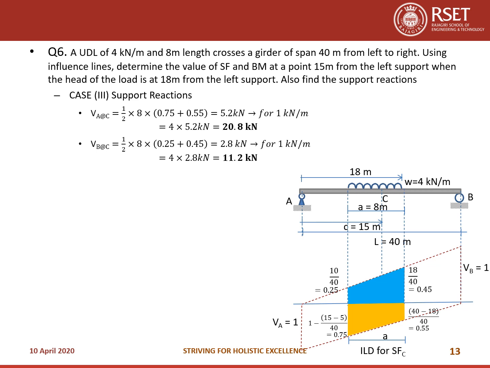Base is 8 meters, into 0.75 plus 0.55, which is for 1 kilonewton. So for 4 kilonewtons per meter it will be 20.8 kilonewtons. And similarly for VB it is half into 8 into 0.25 plus 0.45, 2.8 kilonewton for 1 kilonewton per meter load, so it is 11.2 kilonewtons.